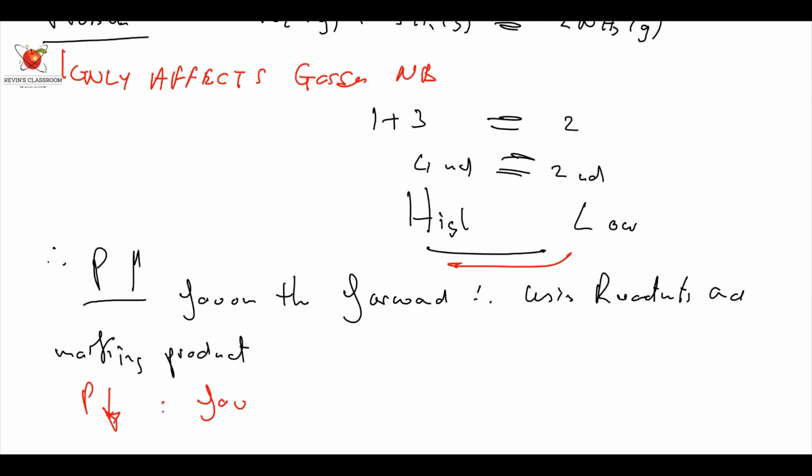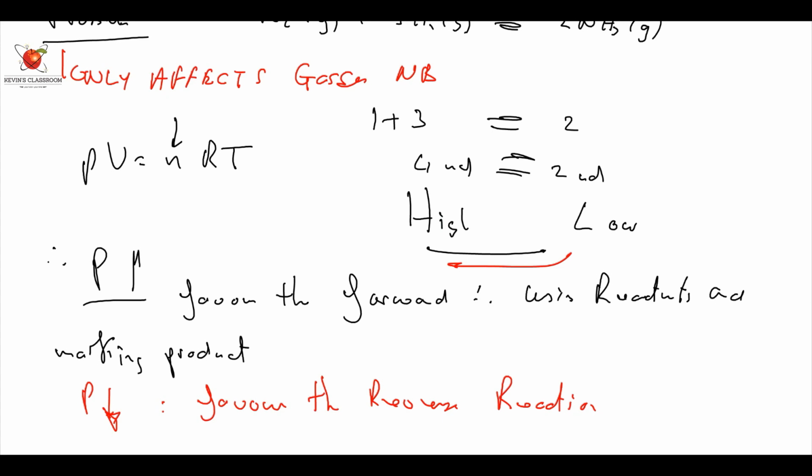So it's going to favor the reverse reaction. The number of moles tells me where it comes from, and basically that comes from your PV equals nRT. That over there is your number of moles with the pressure, volume, and temperature relationships.